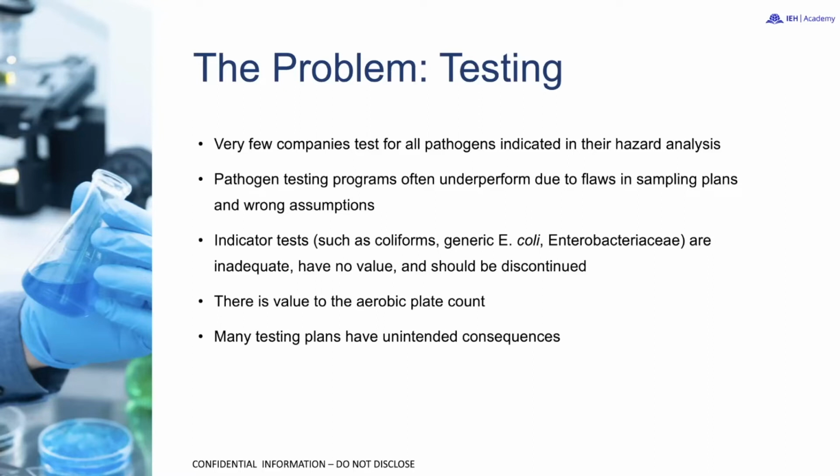You're testing this ingredient for the presence of a pathogen like Salmonella. And let's suppose you get a lot of that ingredient in and you test it and you find Salmonella. Even though your supplier may have tested it and gotten a negative result, we know that it's possible that you would get a positive result.